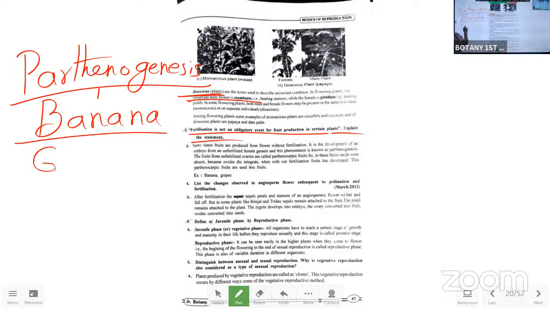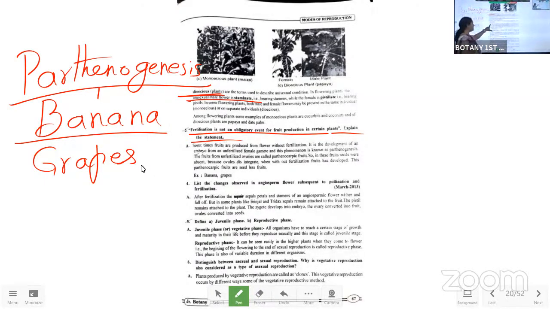Example, grapes. So by seeing this, we can say fertilization is not necessary for the fruit formation in some plants. In certain plants, only in some plants, fertilization is not necessary to make a fruit from the ovary. That is what we have to say.